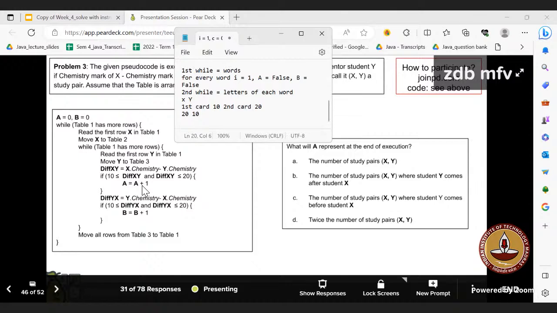So y minus x, so that it will count in B, ma'am. Right, ma'am? So ma'am, here how is the B answer correct?